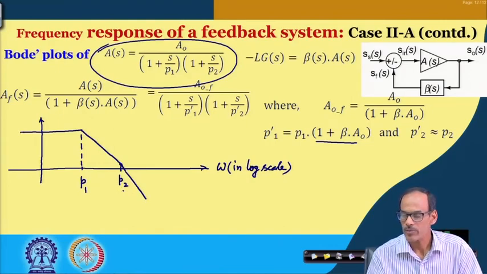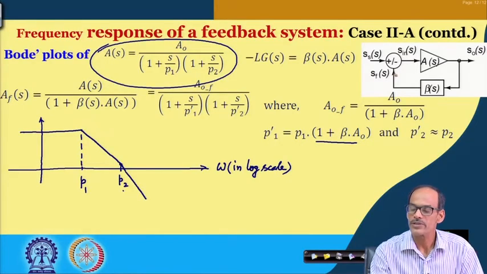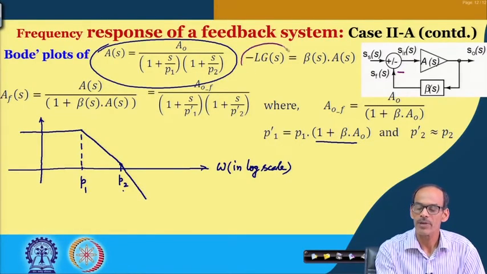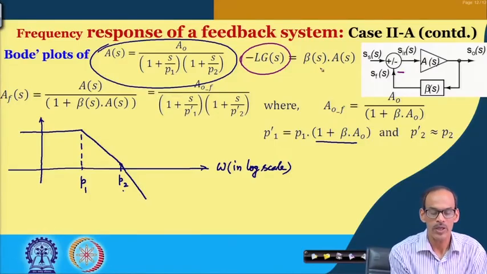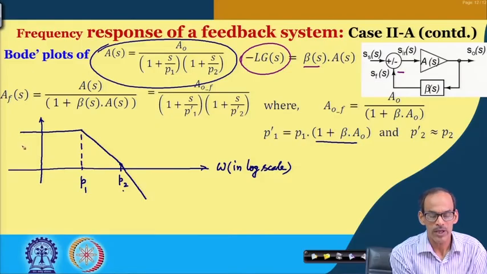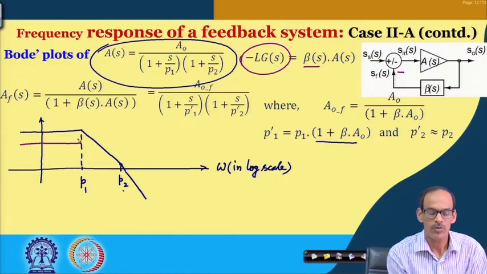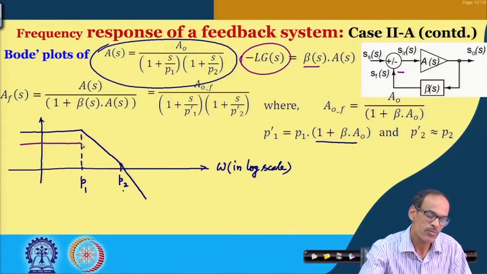So, now if I plot the loop gain, so if I consider this minus loop gain beta into A, and again beta is less than 1 and it is independent of frequency. So, what we can say is that the pole of the loop gain is essentially the pole of A itself.